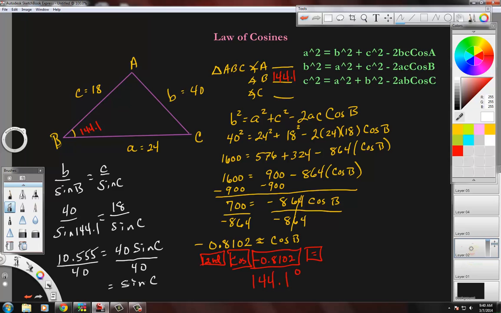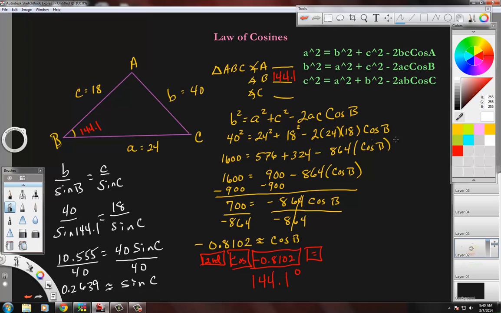So the sine of C equals 10.55 divided by 40, which is somewhere around 0.26339. I did use the full decimal there instead of 10.55, so we might be off a little bit.